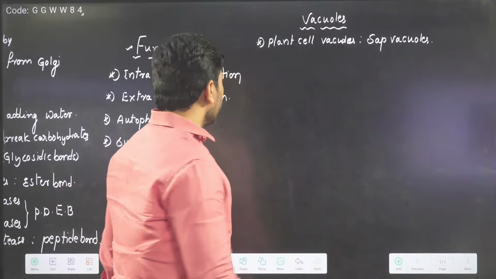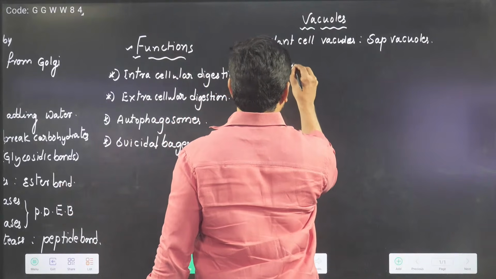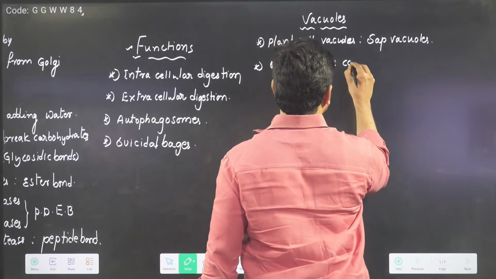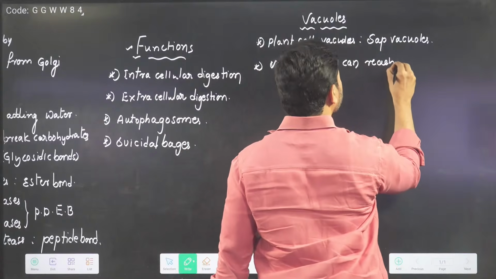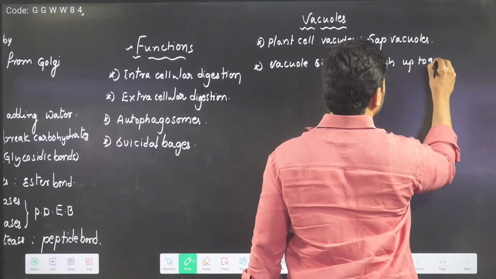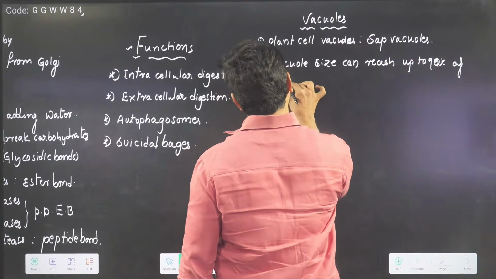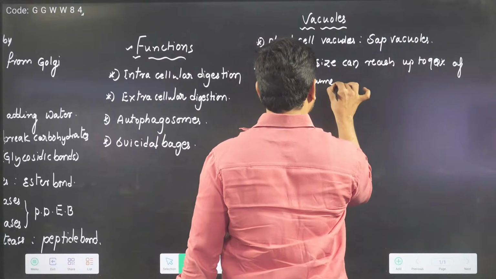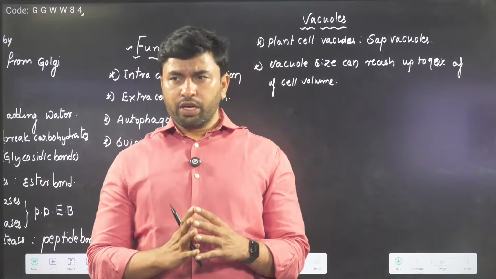In that case, vacuole size can reach up to 90% of cell volume. 90% can be occupied by the vacuole.